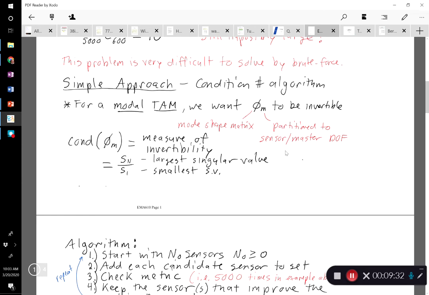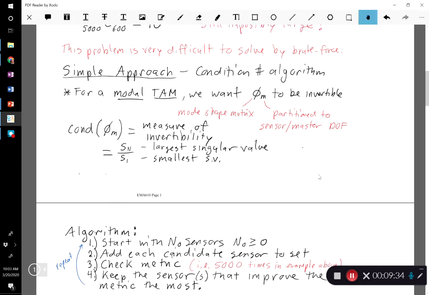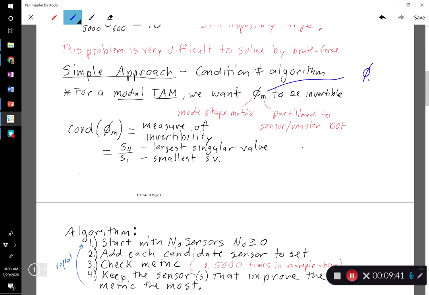So for the 10 million degree of freedom finite element model, this phi would be, say, 1 million by number of modes.